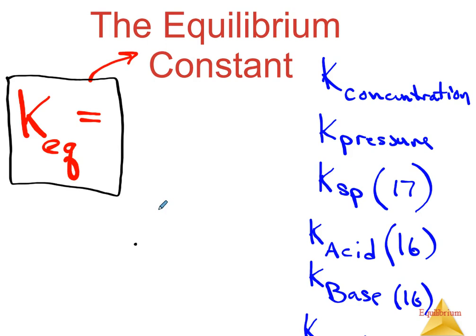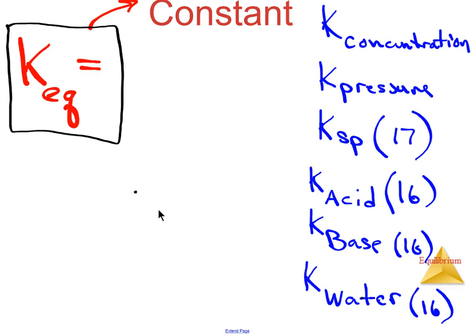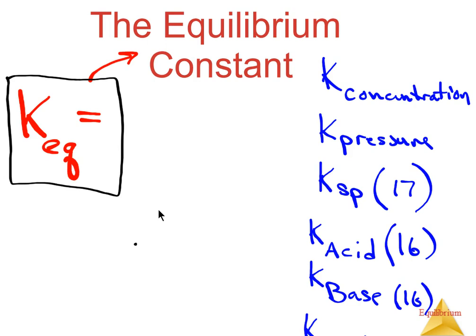These two are in this chapter, the top two. KSP, you can obviously read, is 17. KA is 16. KB is 16. KW probably is next, and that's chapter 16. The nice thing about all these Ks is, yes, they're for different things, but they're the same math. Okay, so chapters 15, 16, and 17 are really pretty much the same math over and over.